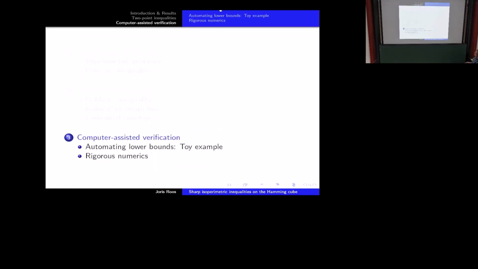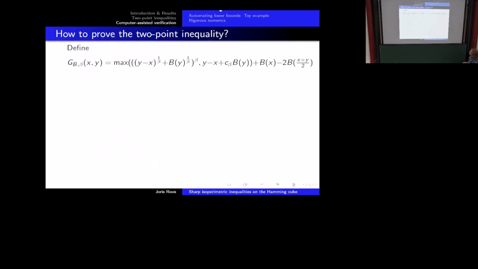So now basically what do we have to do, right? So we have to prove the two-point inequality. So I have a few more minutes. Let me explain again. Let me summarize. So this is basically the two-point inequality with the right-hand side subtracted. Okay, so what I want to show is that this function here of x and y is greater or equal to 0, right?